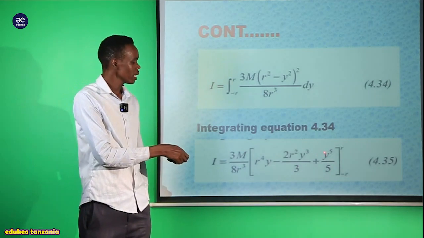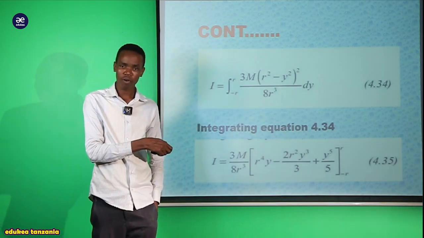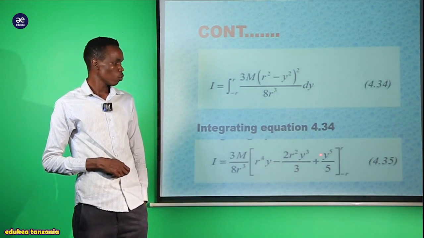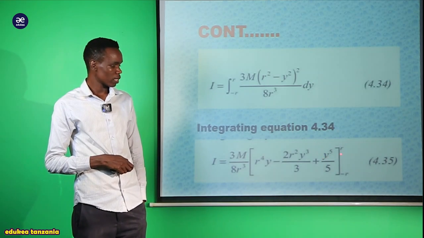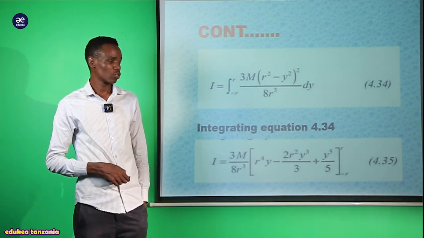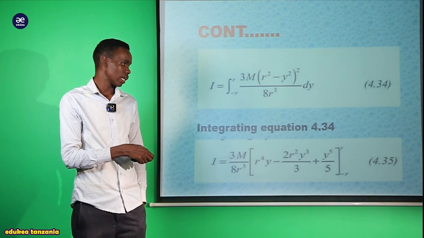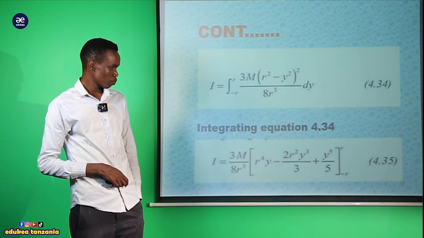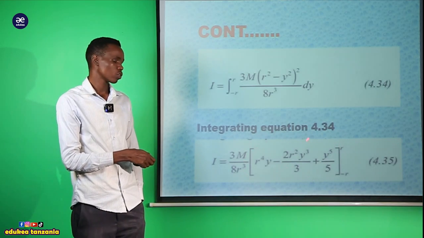So after this one, if we integrate y power 4 after expanding, the y power 4 on integration with respect to y should give y power 5 divided by 5. And after this one, now we are supposed to introduce the limit.